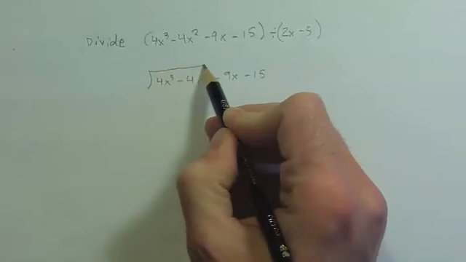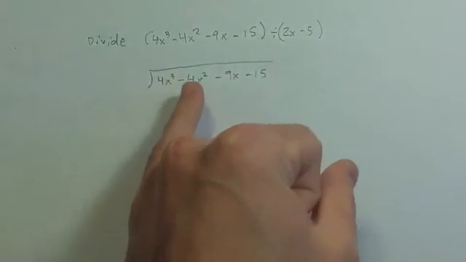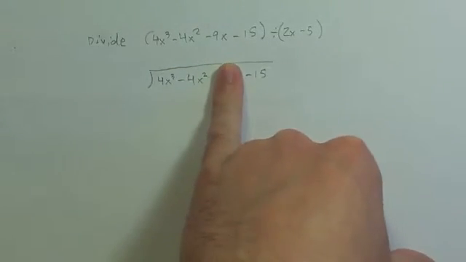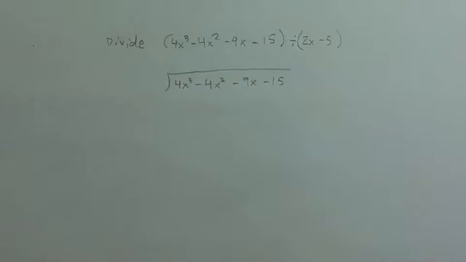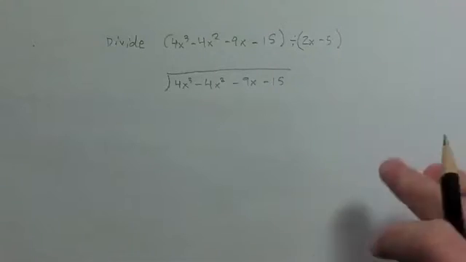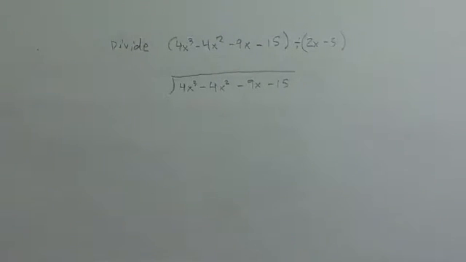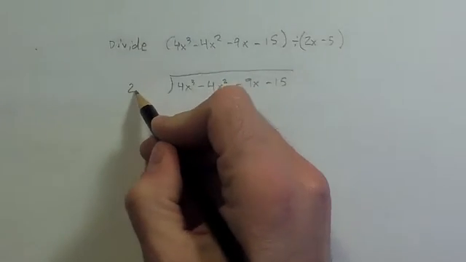One thing you need to be sure about, if you're missing any pieces, like if I was missing an x term, make sure you put a 0x in there, just so you are able to utilize every piece. We'll look at an example that deals with that, of course, but make sure all possible x powers are dealt with. We're going to divide this by 2x minus 5.